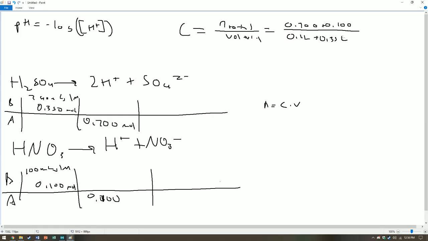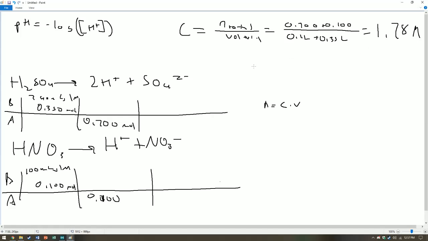Since I know that there's 1,000 milliliters for every liter, I'm doing things in my head because metric numbers are really nice to work with. So 0.7 plus 0.1 over 0.1 plus 0.35, which yields a net concentration of 1.78 molar.